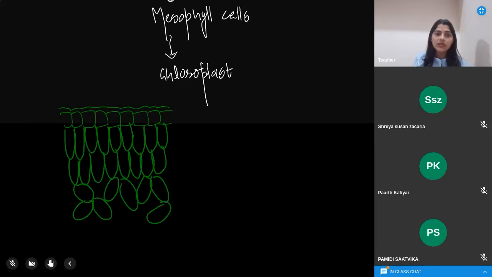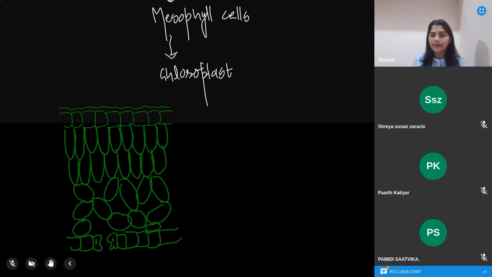And these mesophyll cells are the ones which are going to have the chloroplast in them. Chloroplast is not present throughout. It is present in some of the parts. It's not present in the upper and lower epidermis. These yellow dots are indicating the chloroplast.